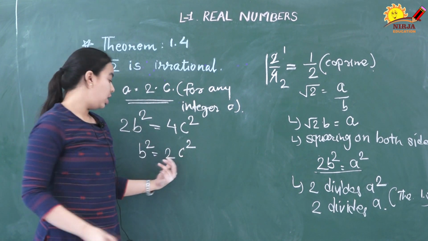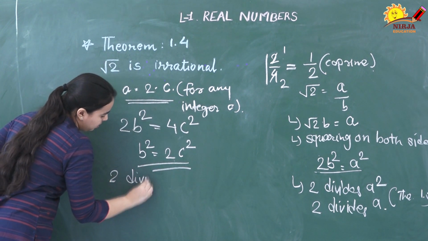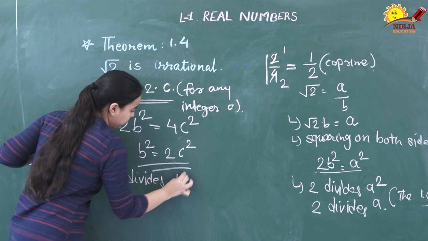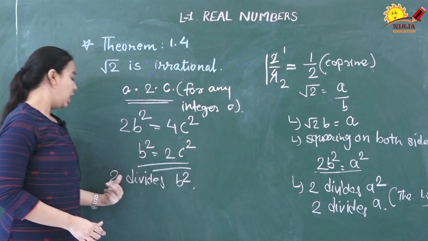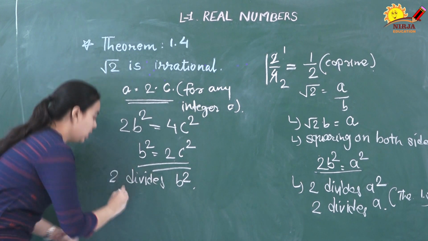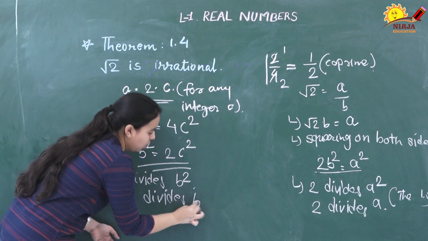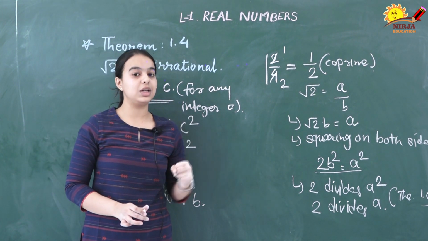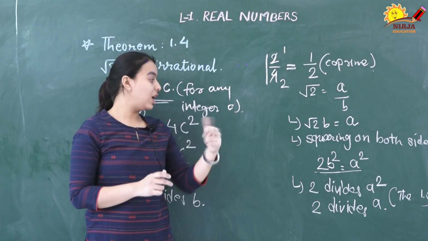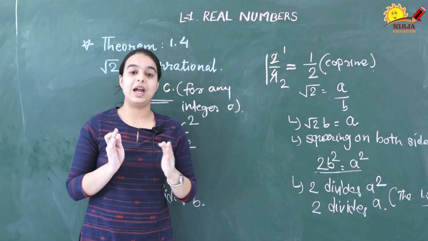And here what did I get? 2 divides b square. And again by using our theorem 1.3, if 2 divides b square, then 2 divides b also. But what did we assume when we took the number a by b? We wrote that a and b are co-prime numbers.